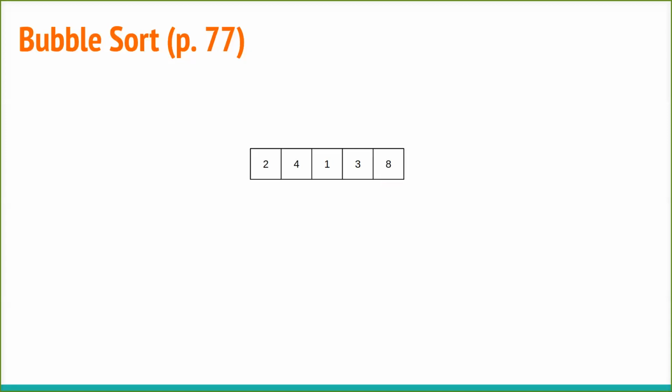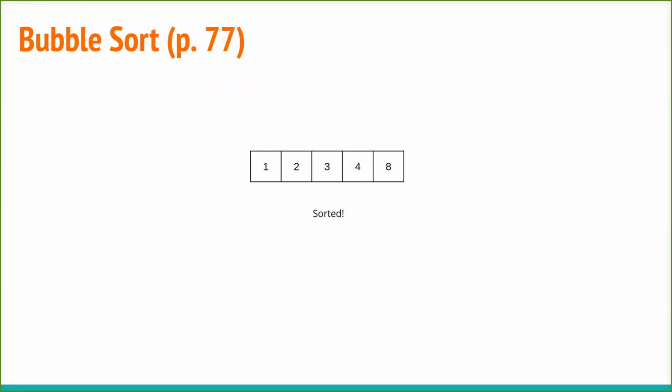But we also repeatedly go over the array, right? So we do this multiple times. So there is 2 levels of repetition here. We repeat over the array, and we repeat the repetition, if you like, okay? So what we have here is 2 loops. There is a loop inside a loop, okay?